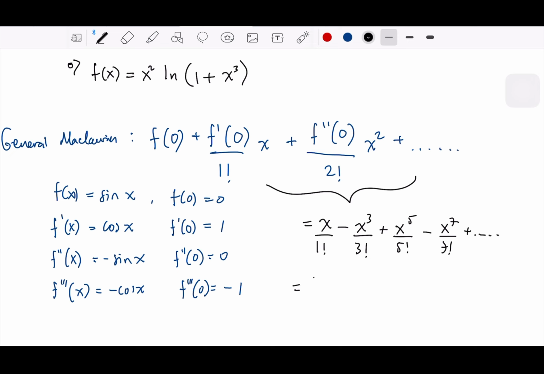Now we can rewrite this in terms of the series, if you would like to. Since we need to have its alternate signs, we can write this as negative 1 to the n, start from 0, and then x is an odd number, so we start from x to the 2n plus 1 over 2n plus 1 factorial.